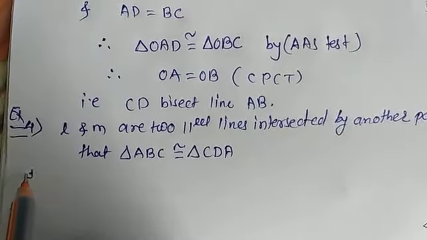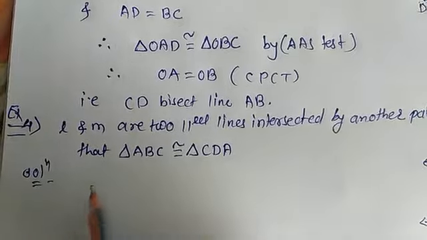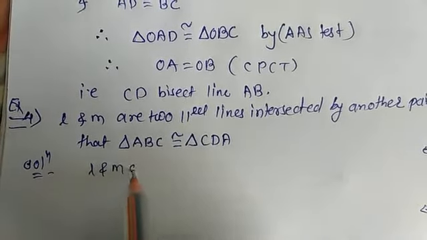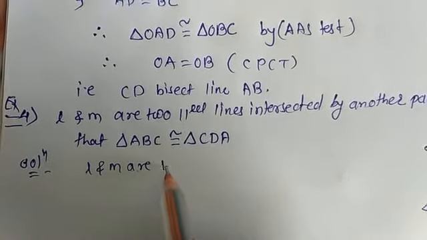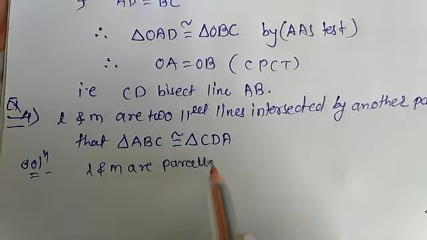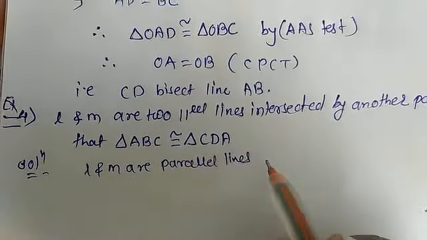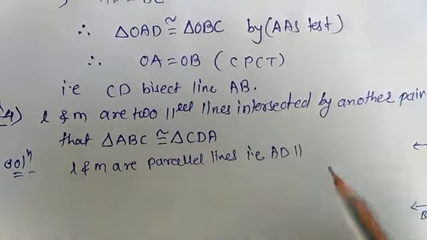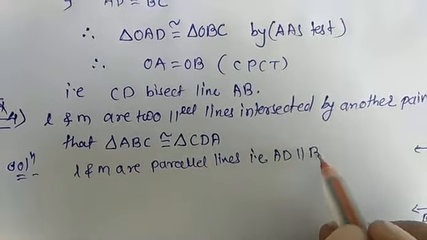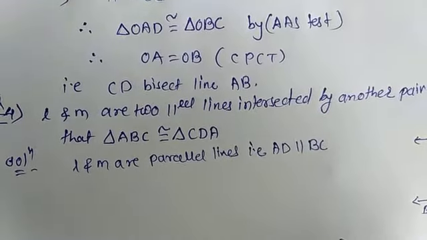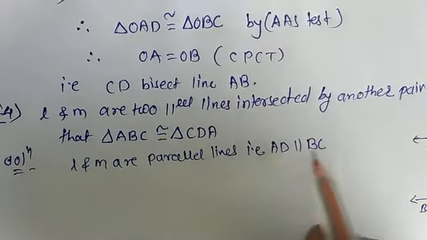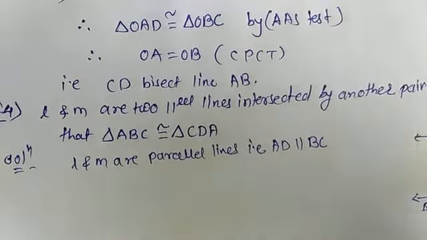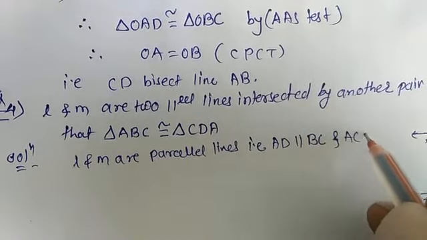Now in the solution, it is given that L and M are two parallel lines, that is, AD is parallel to BC, and AC is a transversal.